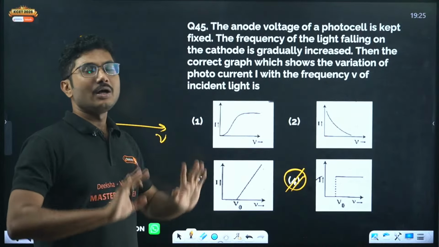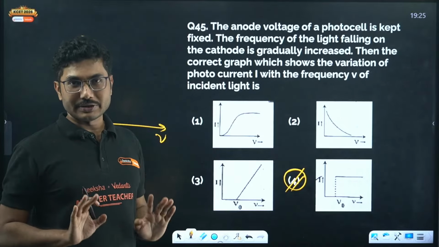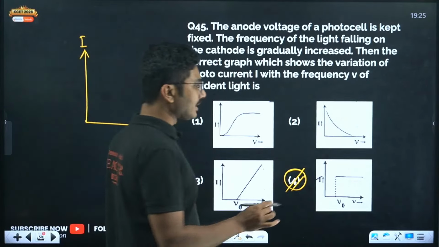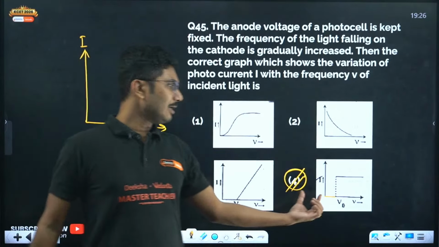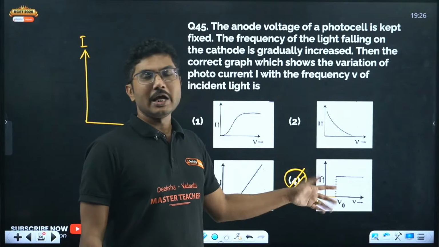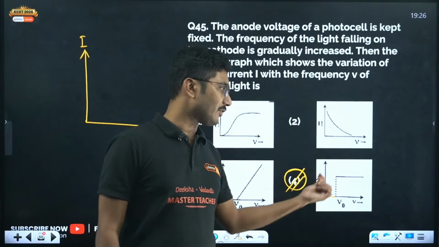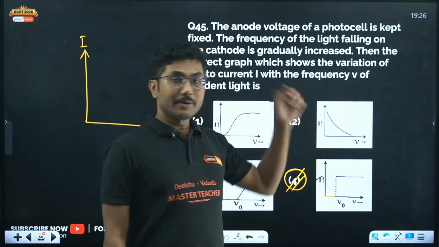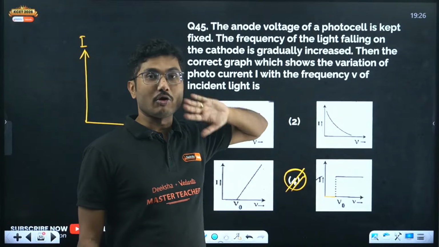So current will remain constant no matter what the frequency is, but the current will start after a certain frequency. Okay, because this is the threshold frequency or cutoff frequency. Below this frequency you will not get any emission. You will start getting emission only after this, but the saturation current depends only on intensity.